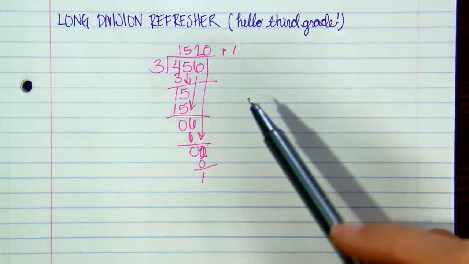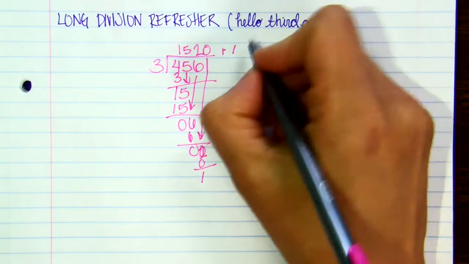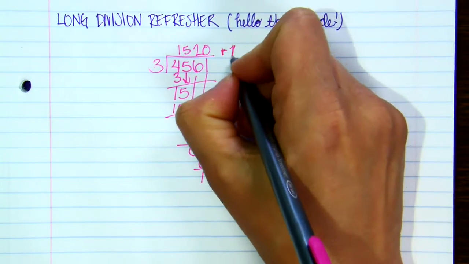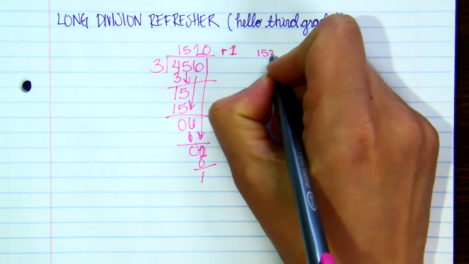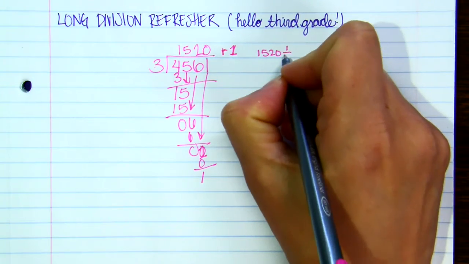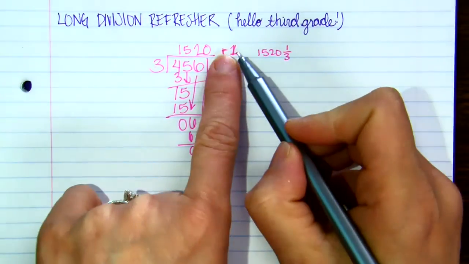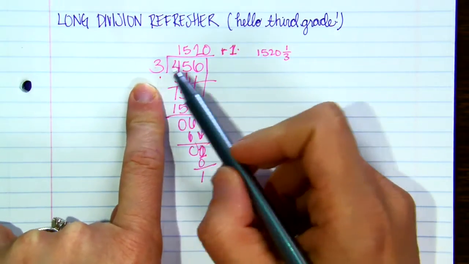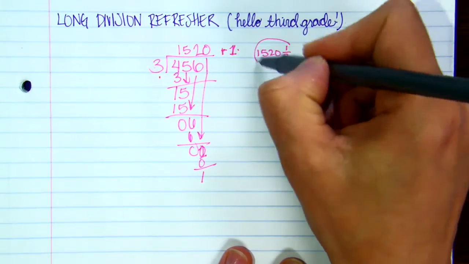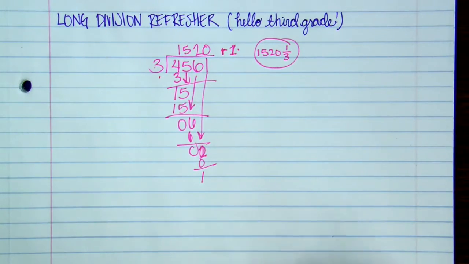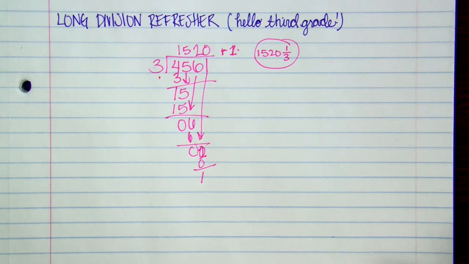And then, you probably don't remember doing this, but we could also write this as 1,520 and 1/3. The remainder is 1 out of 3. So this is just something to keep in mind, that that's always one possibility. So there is your long division refresher with numbers.